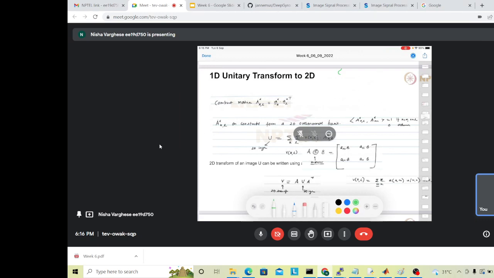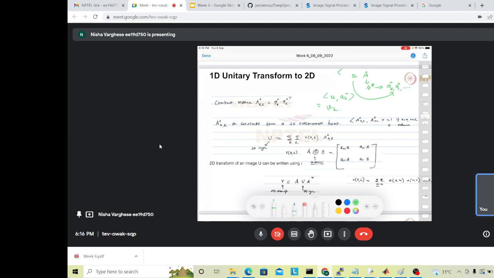In the one dimensional case, I have told that if you have input matrix U, and the transformation A, you will first find A Hermitian, and from that you will find A0 star, A1 star, etc. Then you will find the dot product between U and AK star to get the single element VK, right? In the case of 2D also, the procedure is similar.